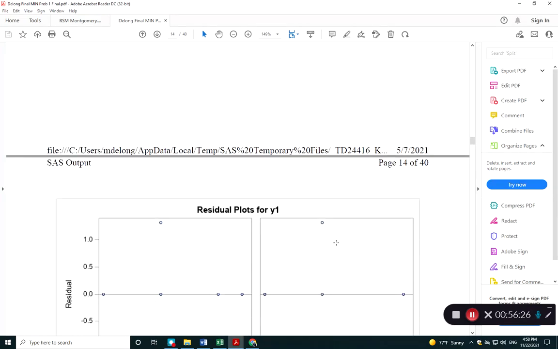SAS automatically does all the residual documents. You just keep it there. We don't need to do residual analysis this time. But I mentioned this for the real world situation. I don't care if you're doing factorial design, blocking design, or a simple single treatment experiment.